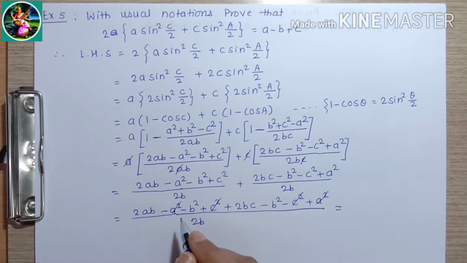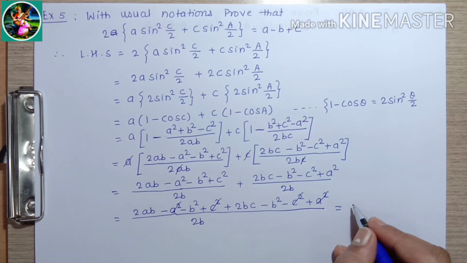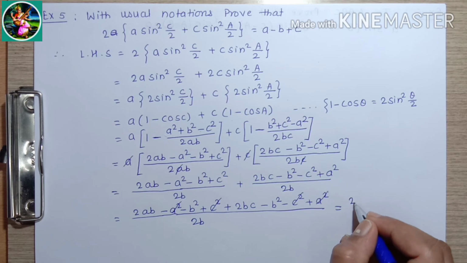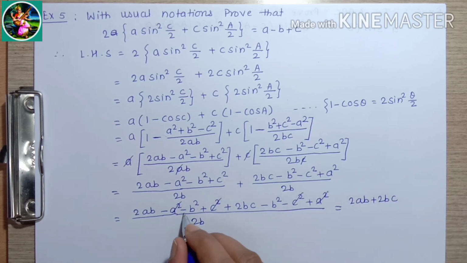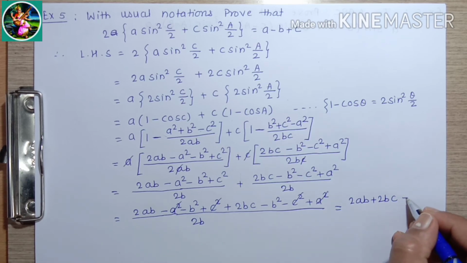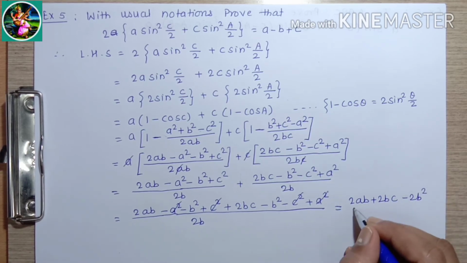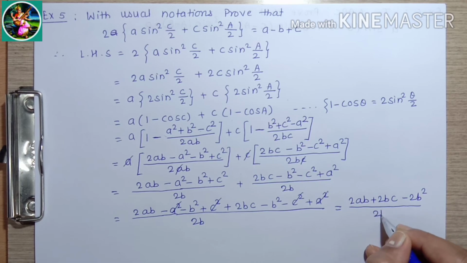That is equal to, now minus c square plus c square get cancelled, plus a square minus a square get cancelled. Here remaining only 2ab plus 2bc minus 2b square, this divided by 2b.